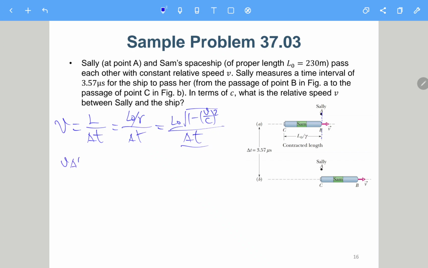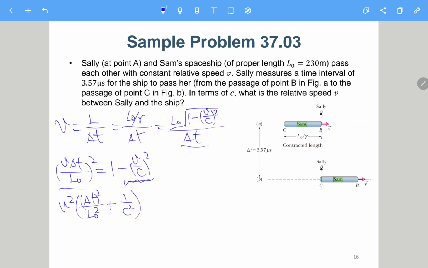So we have (v delta t over L0) squared equals 1 minus (v over c) squared. Now we gather these two terms together so we can find v. We move this term over and factor out v squared. So we have v squared times (delta t squared over L0 squared plus 1 over c squared) equals 1.